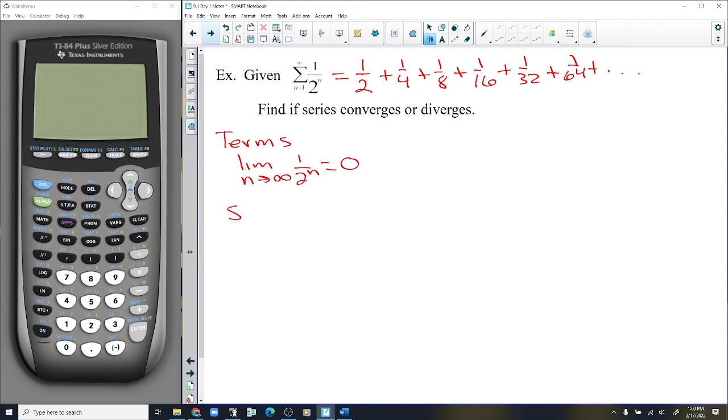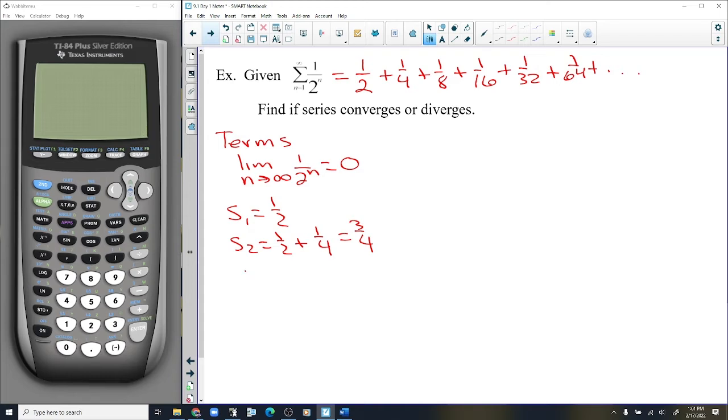So we can look at the terms. Now let's look at the partial sums. S sub 1 is 1/2, just the first term. S sub 2 is 1/2 plus 1/4, and that's 2/4 plus 1/4, which is 3/4. What they said on the previous page was that you're forming a new sequence of numbers. Now we get to see what the sequence of numbers is and see if we can tell where it's going.